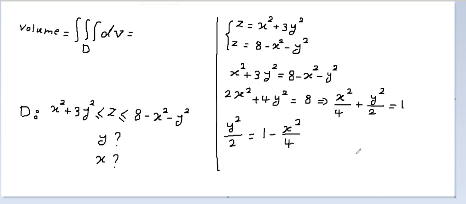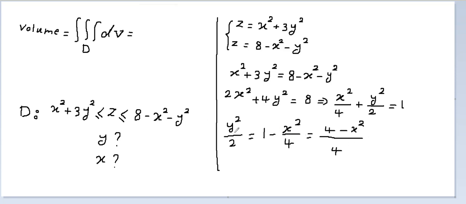So let's continue. Here the right hand side equals 4 here, and 1 times 4, so we have 4 minus x squared. Okay, like this. So we have y squared divided by 2 equals 4 minus x squared divided by 4.